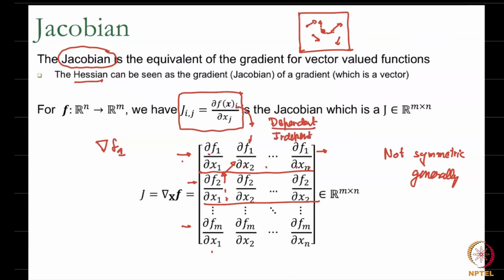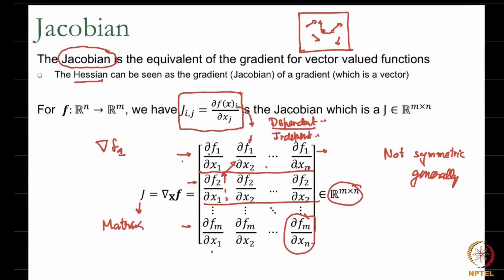And since each one of them has different components, you are going to in general get del f_m del x_n. So these two dimensions need not be the same. You are just going to create an m cross n matrix. So J is a matrix. Now please do not confuse this with the cost function that I showed earlier. Here J is the standard name for the Jacobian.